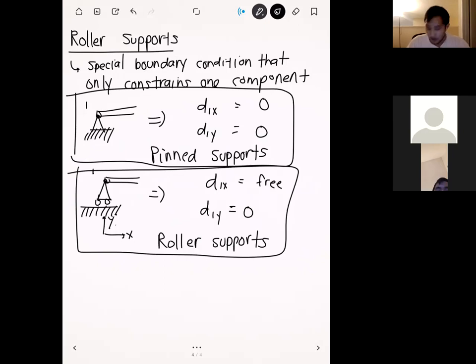In the next example, I'm going to give you an example of this roller support and also how to compute stresses. So this next example is going to capture both of those situations. Any questions on this before we jump into that example?